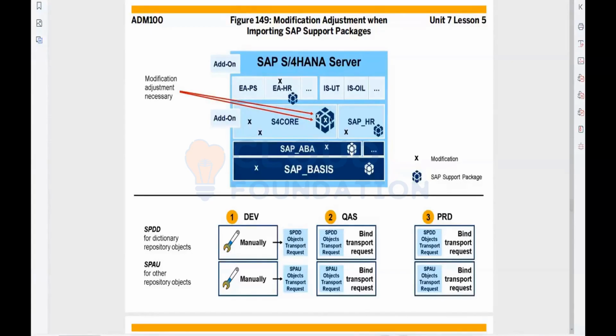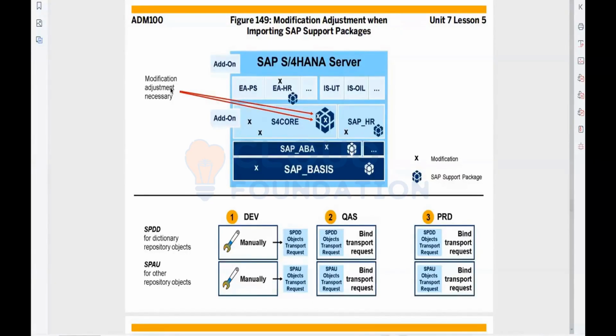And the latest support packages are there. There would be a conflict, a version conflict, because the version is 1.2 here and the SAP version is 2. Then you have to do modification adjustment.